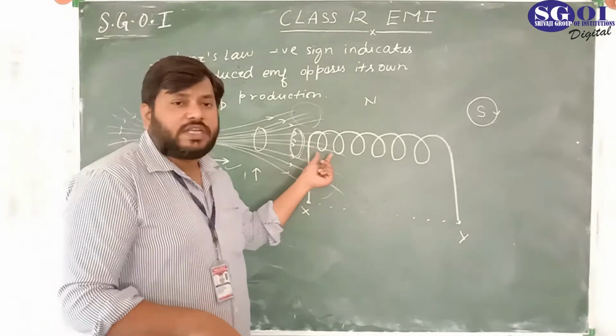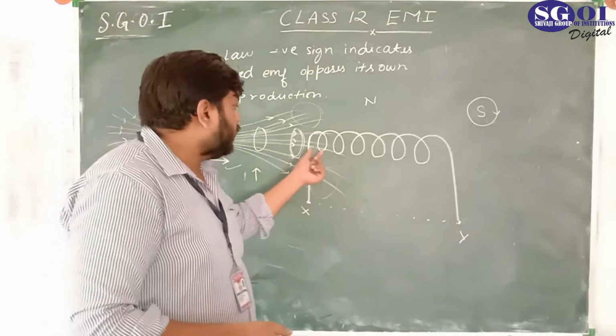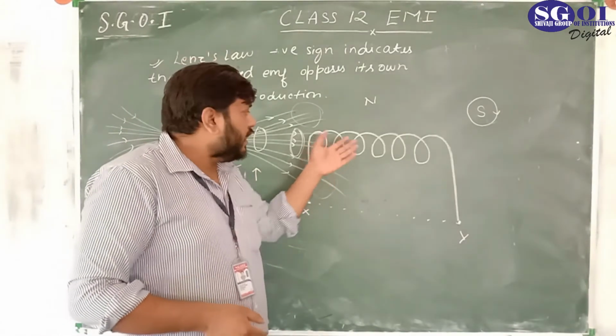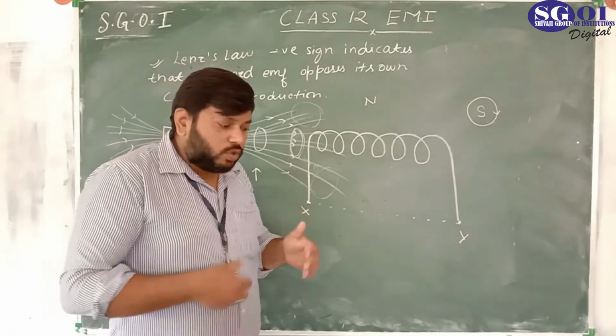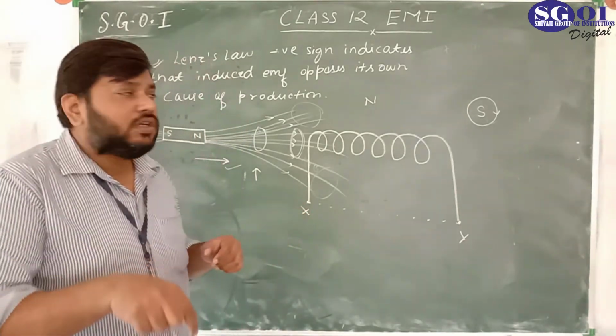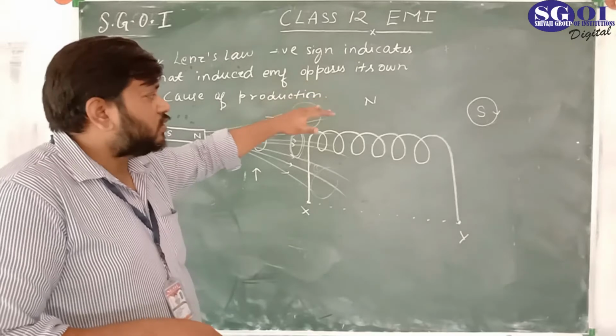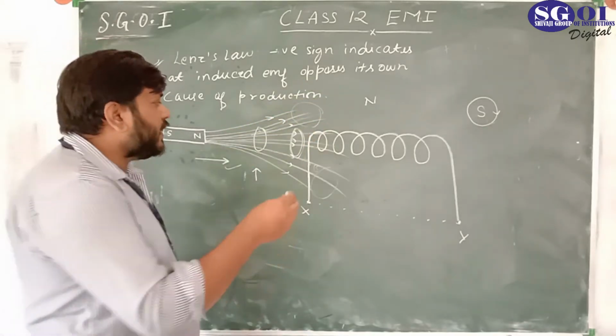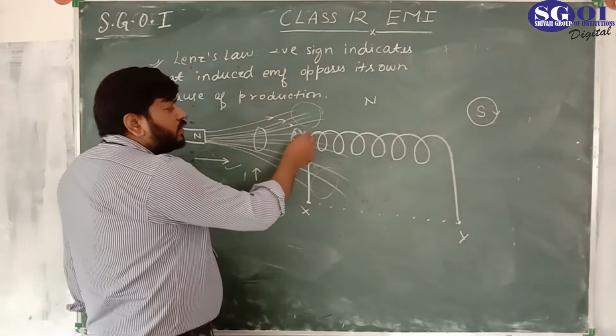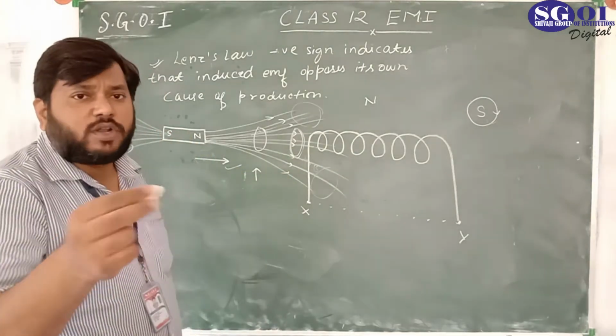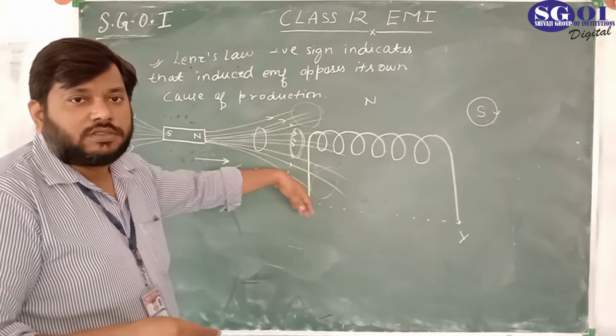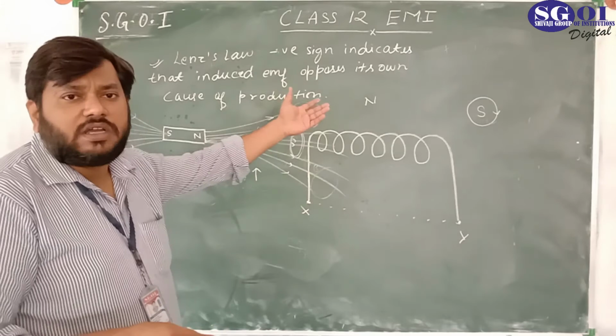So the cause of production here is the increment of the magnetic flux. So the induced magnetic field should oppose, meaning the direction of the magnetic field would be in the opposite direction, so that the net number of lines would be decreased.